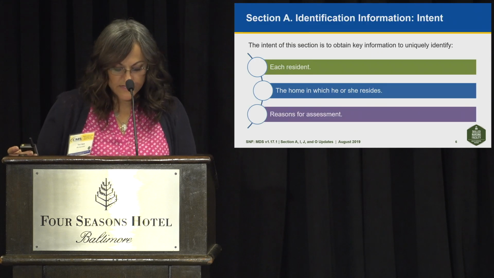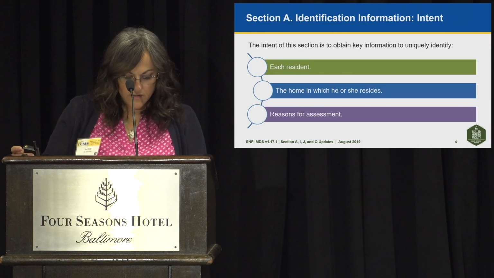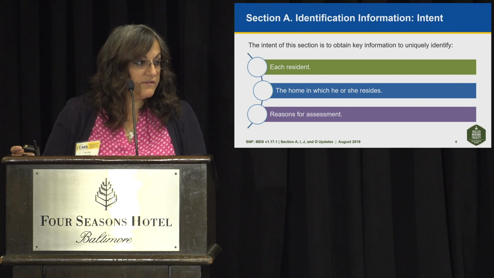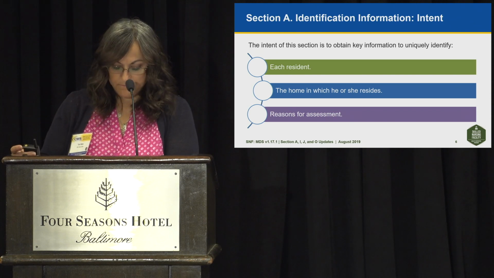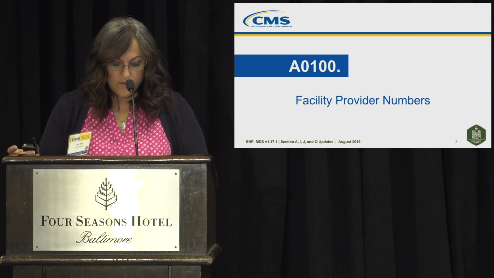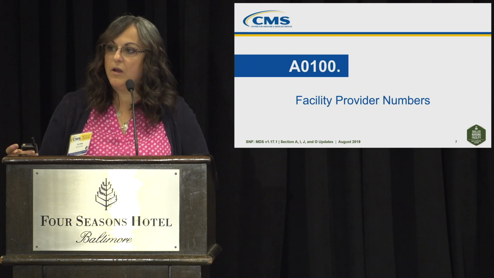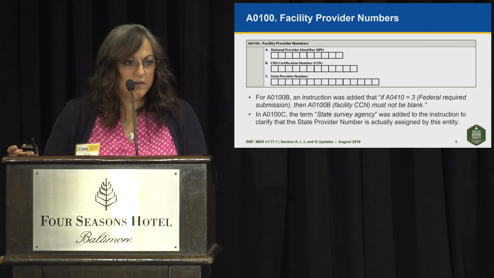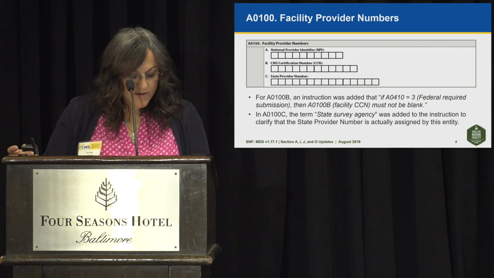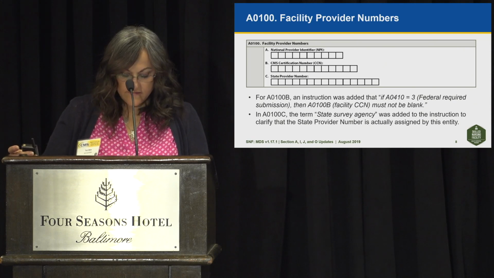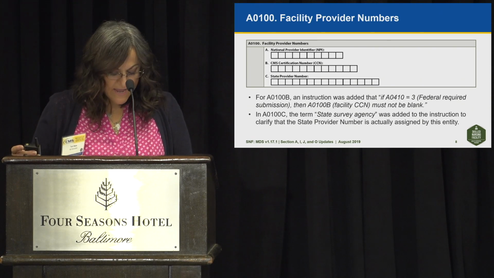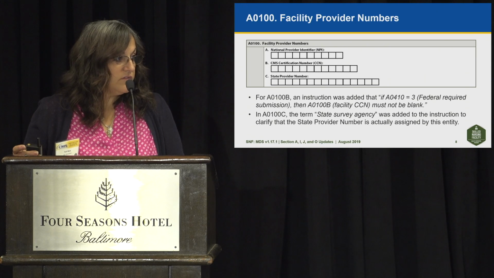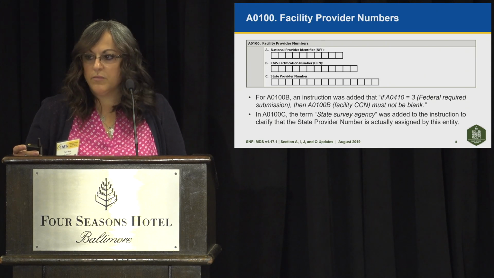So the intent of section A is to obtain key information to uniquely identify each resident, the home in which he or she resides, and the reasons for the assessment. So facility provider numbers had a couple of changes here, and it was mostly for clarification. Item A0100B, the CMS certification number, the addition here is that if A0410 equals 3, which is the federally required assessment, the CCN number must be there.